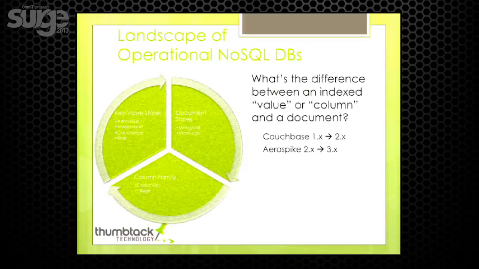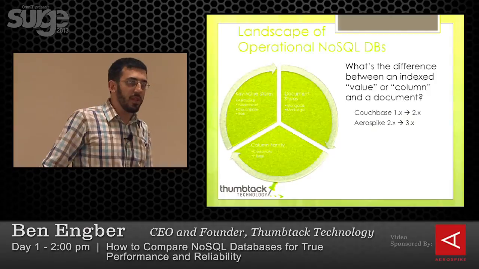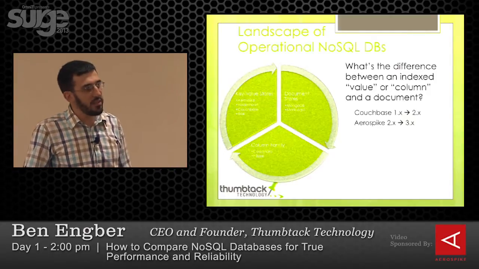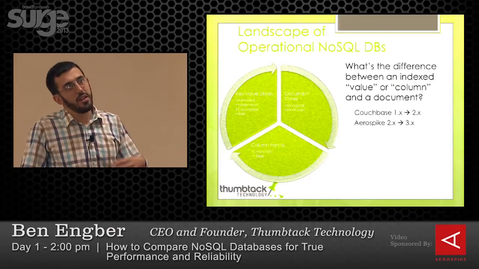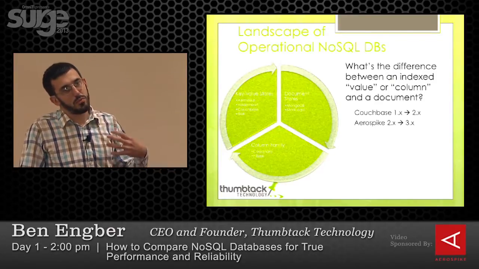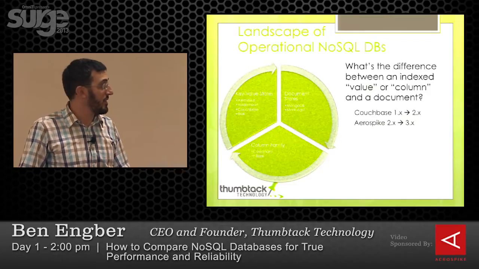But as I said, I'm blurring this out because I think that this is a misleading way to think about all of this. And it's misleading for a couple of reasons. The first reason is that this market is evolving so quickly. For example, within the past year, the two major key value players, Couchbase and Aerospike, have both added secondary indexes and various types of other querying mechanisms onto their systems.